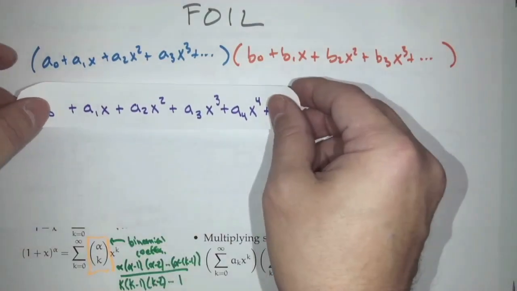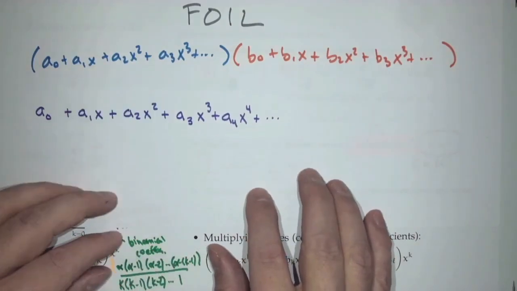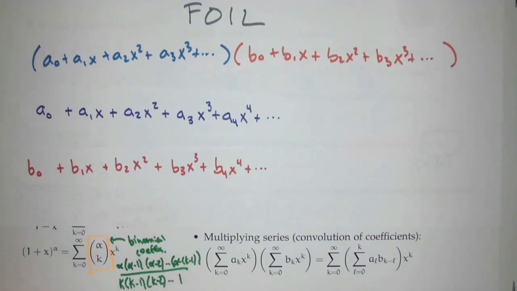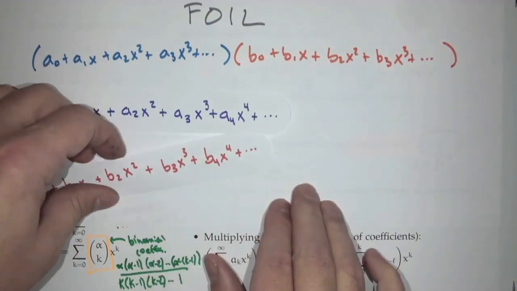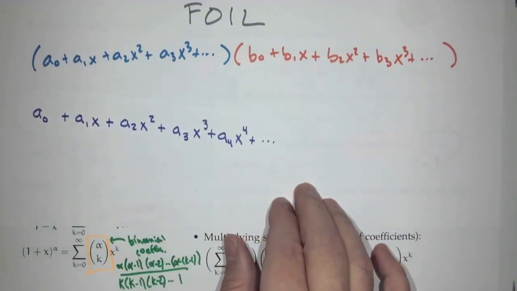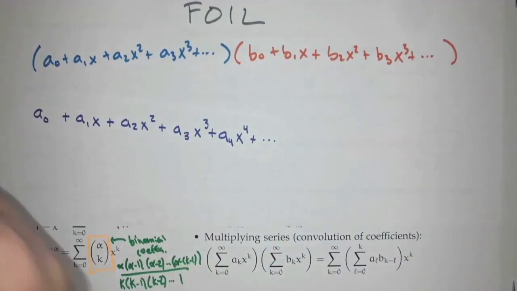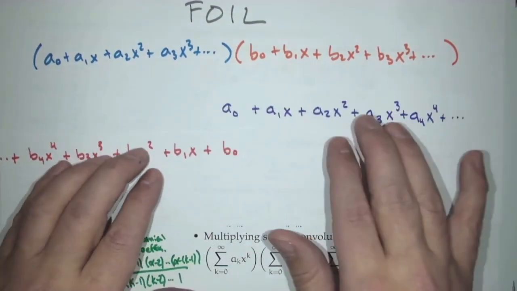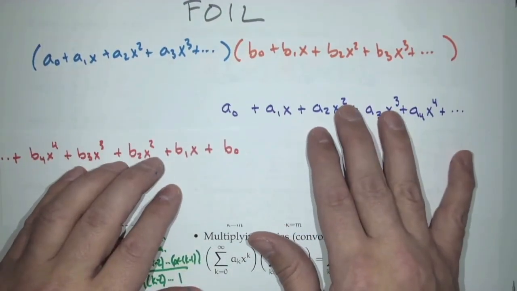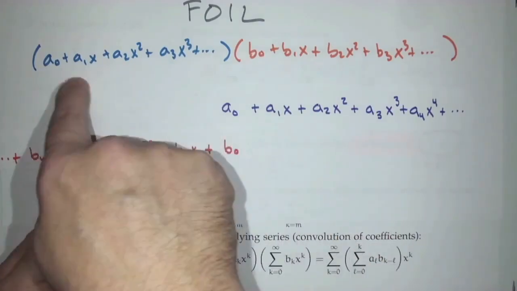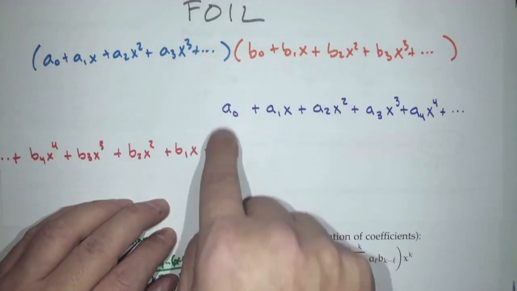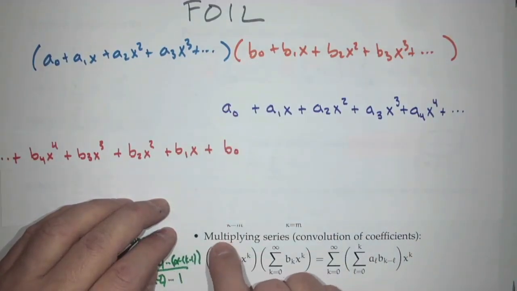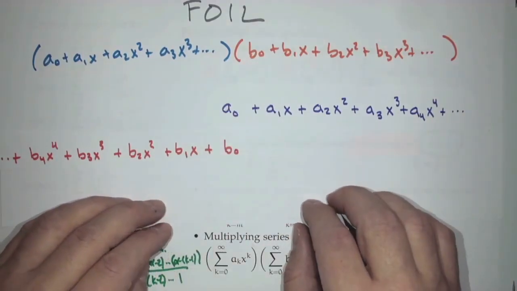Well, imagine here's my first sum, and then here's my second, and we want to multiply them together. So we'll flip this one around. We can do that. So instead of saying dot, dot, dot at the end, we'll say dot, dot, dot at the beginning. Now suppose I just want a constant. The only way I can get a constant multiplying these two together is to multiply the constants together. So it's a0, b0. What if I want to get x out?